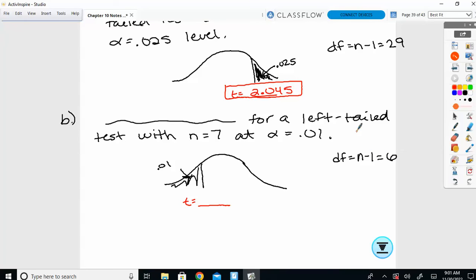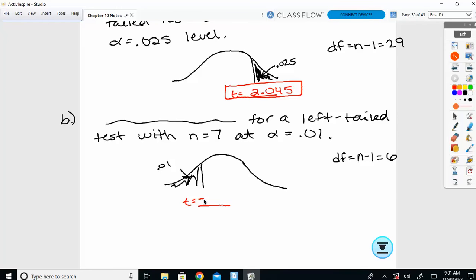So when you go to your table, if you look at the top, this table is set up for the right. How will my t value be different if I'm talking about the left? It would be a negative, right? Just like the normal, this is centered at 0. So since this is left, this would be a negative right here.